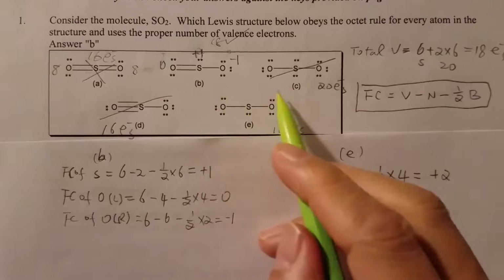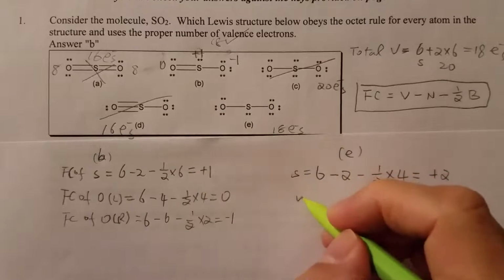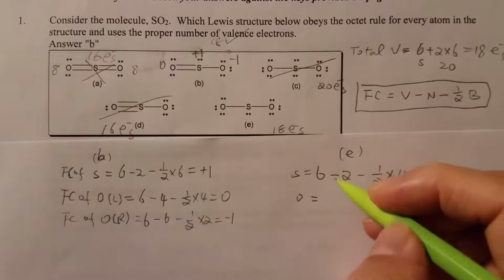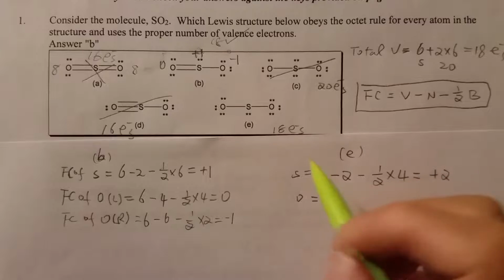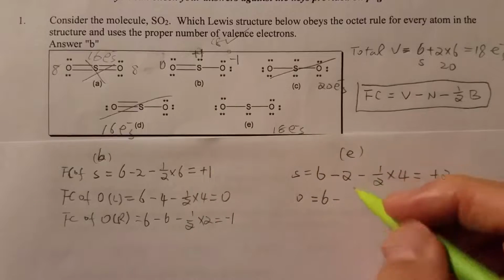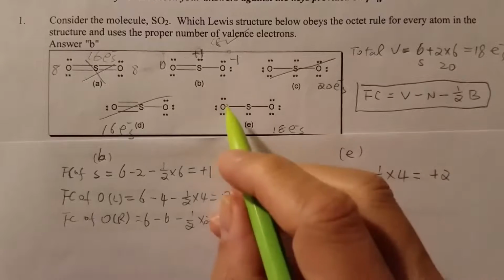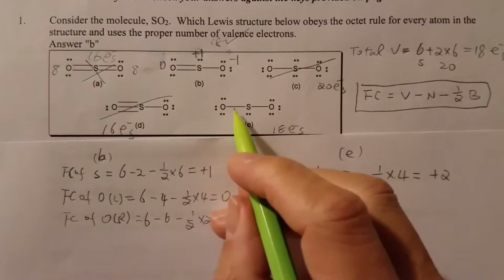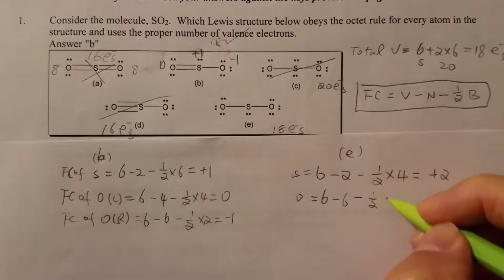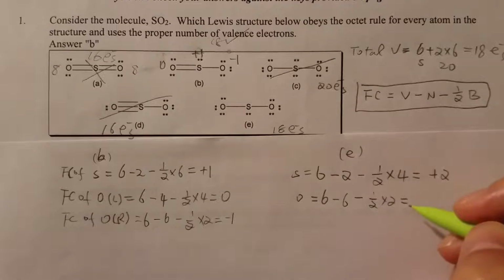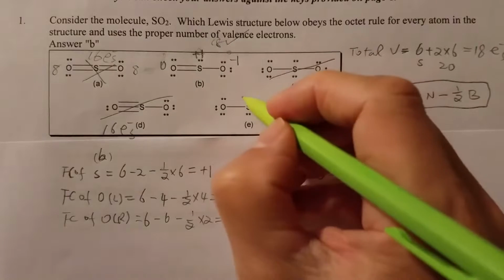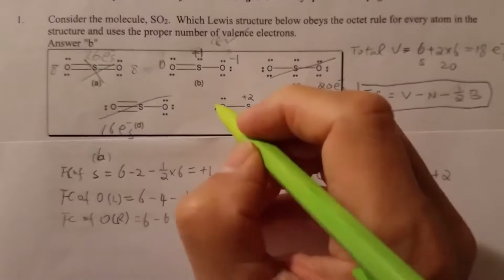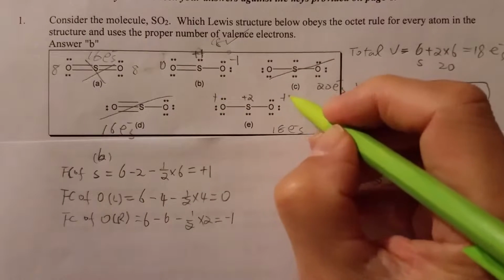The 2 oxygens are identical, so we can just do, each will have 6 valence electrons, then 6 non-bonding electrons and 1 pair of bonding electrons. And what does that say? That says positive 1.